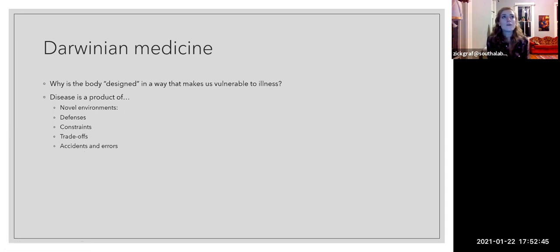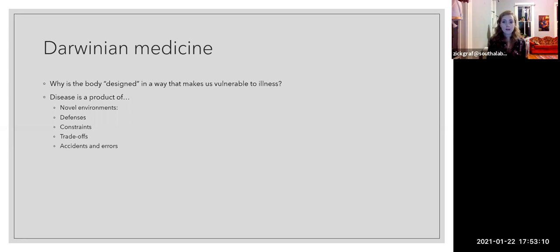But there are also explanations that are a little bit more systematic and that don't just rely on chance, and that can actually give us some insight into why we have the psychological experiences that we have. So disease in general, but psychopathology in this example, can be a product of organisms existing in environments that are different than the environment that shaped their evolution.